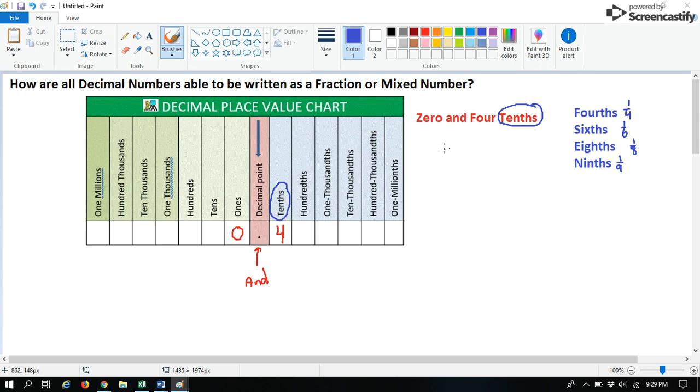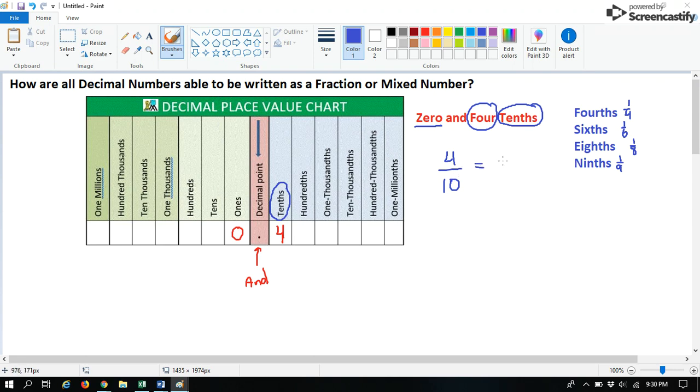So I don't have any units, remember? I have 0, but I have 4/10. So what does that look like? Well, I have 4, and because tenths represents a fraction, we have 4/10. 4 out of 10, or 4 over 10, or 4 divided by 10. Our denominator is 10, our numerator is 4, so we have 4/10.